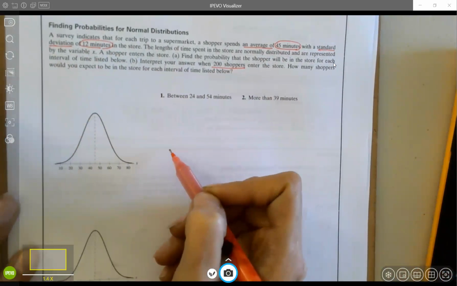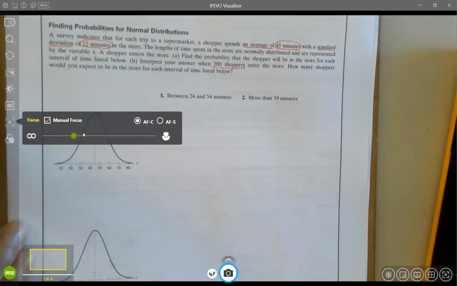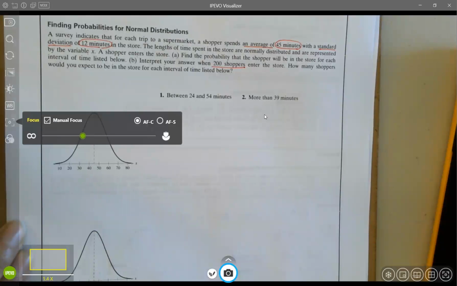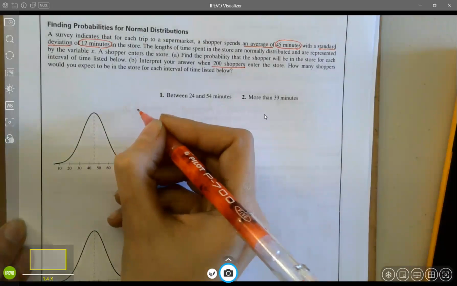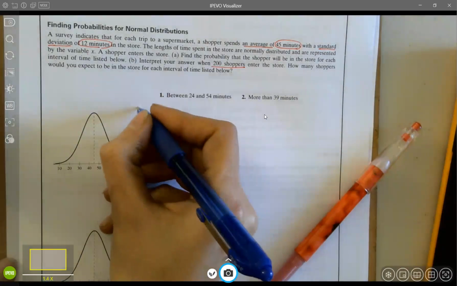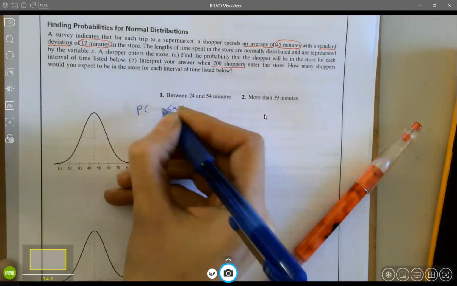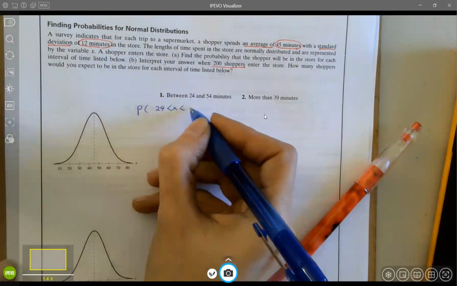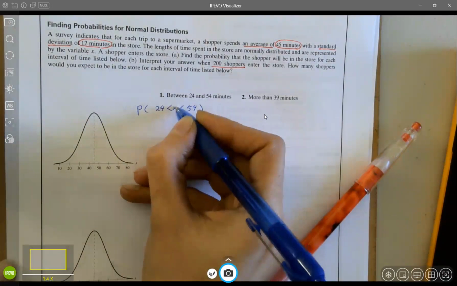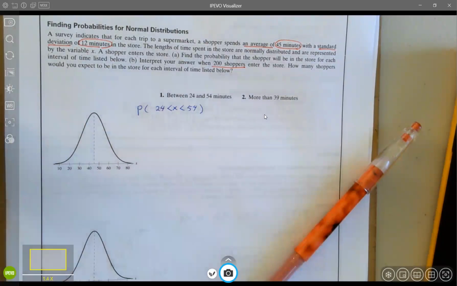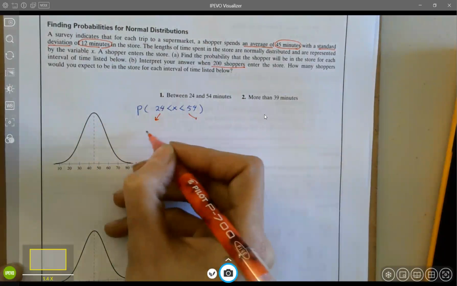So what's the meaning of that? It means find the probability that your X is between 24 minutes and 54 minutes. So we're lucky in this case. Why is that? Because our lower bound and upper bound are given to us.